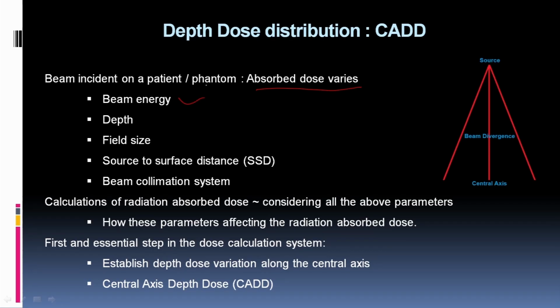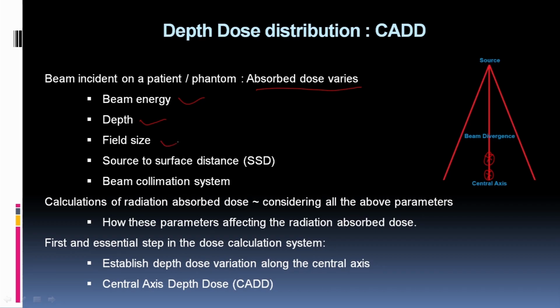If beam energy is higher, the absorbed dose is increased at any particular point. Now, if we increase the depth of the measurement, the absorbed dose decreases, meaning at lower depth the absorbed dose is higher.